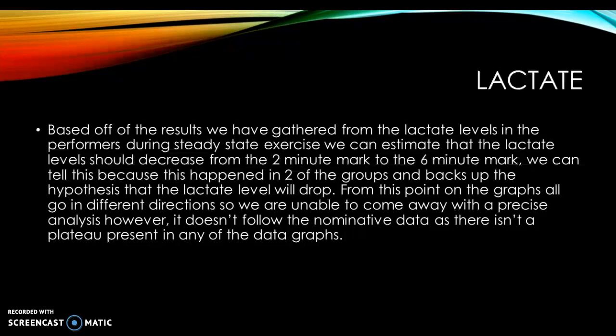We can tell this because this happened in 2 of the groups and backs up the hypothesis that the lactate level will drop. From this point on, the graphs all go in different directions, so we are unable to come away with a precise analysis. However, it doesn't follow the nominative data, as there isn't a plateau present in any of the data graphs.